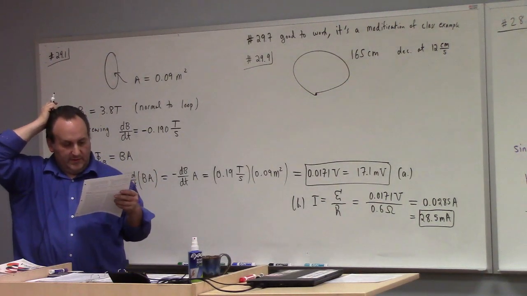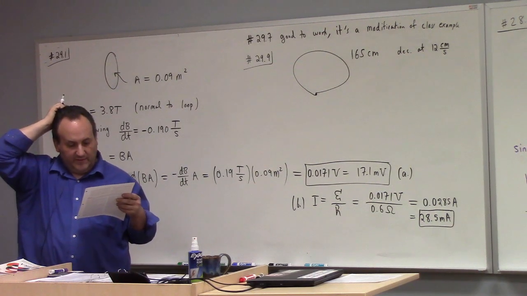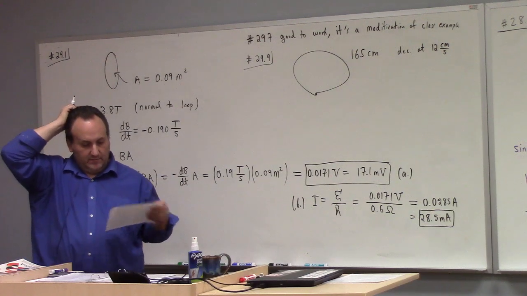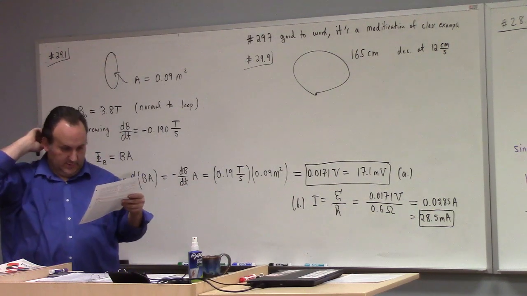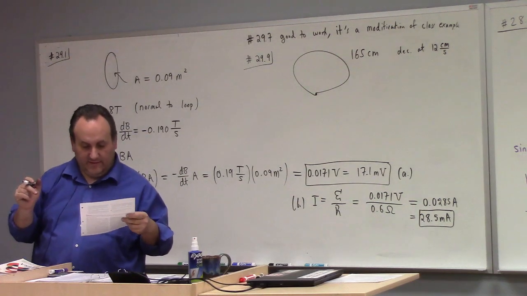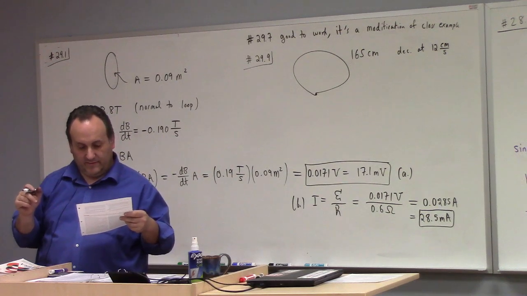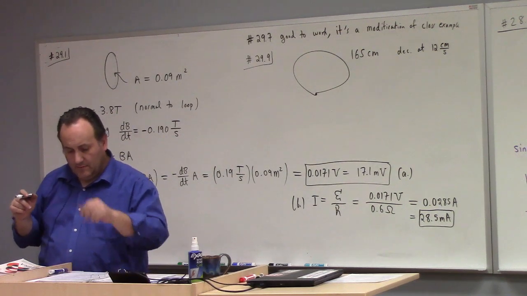The loop is in a constant uniform magnetic field oriented perpendicular to the plane of the loop with a magnitude of 0.5 teslas. Find the EMF induced in the loop when 9 seconds have passed, and find the direction of the current in the loop viewed as looking along the direction of the magnetic field.